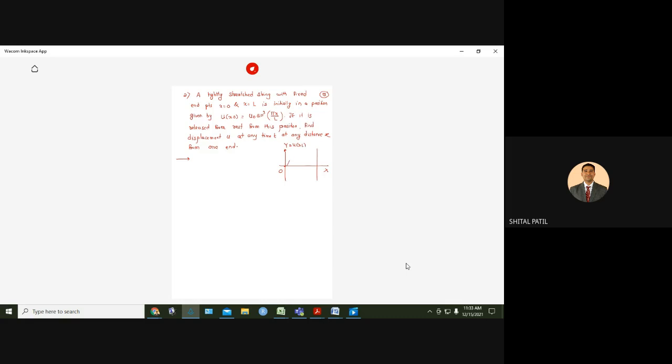This is the string. Say this is the initial position. This is x equal to 0. This is x equal to L. Sure, write with me.